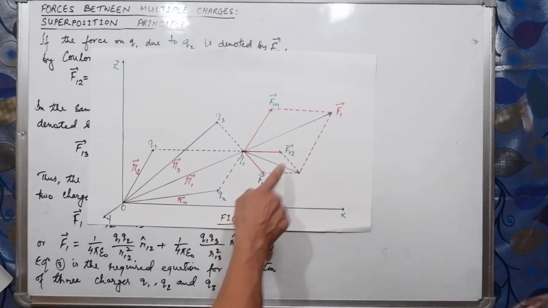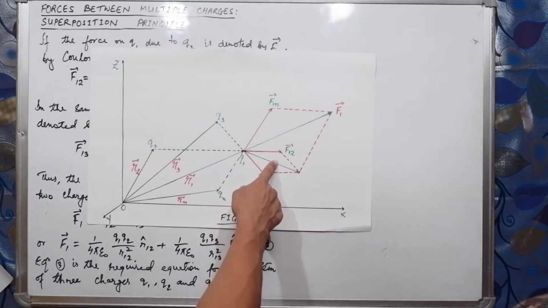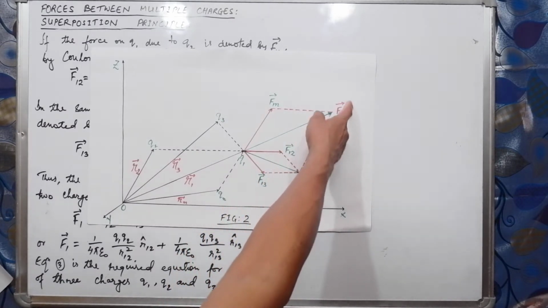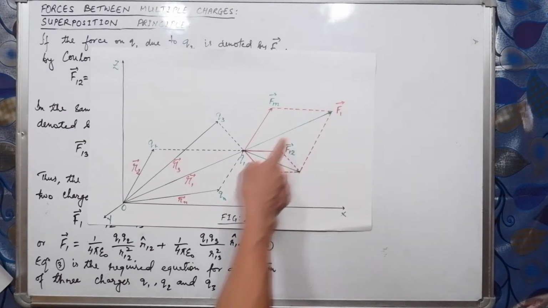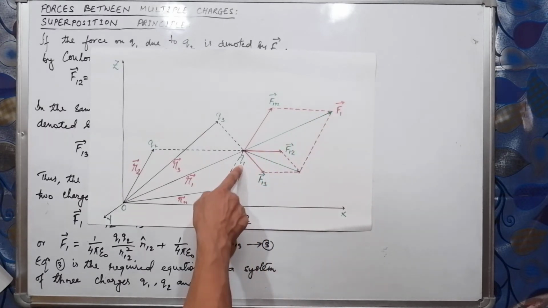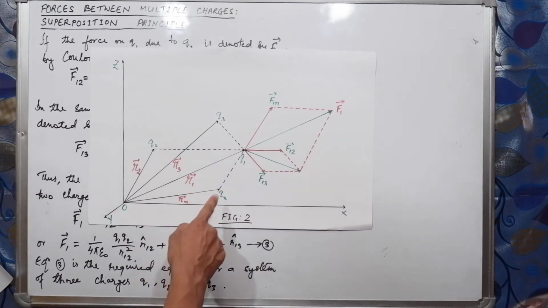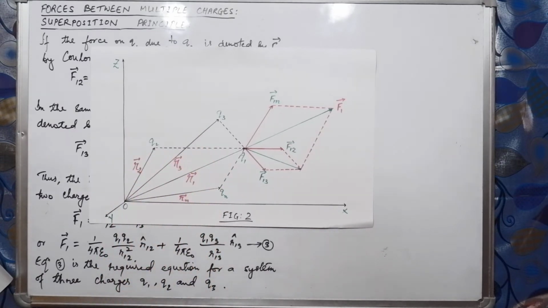We add F12 and F13 by the parallelogram law of vector addition, and continue the process of adding two forces at a time. Finally, we will get the force F1, which is the total force acting on Q1 due to the n number of charges, let us say due to Q2, Q3 up to Qn.